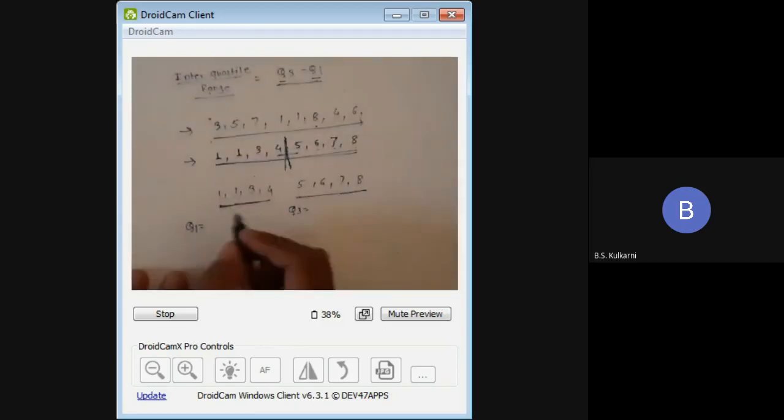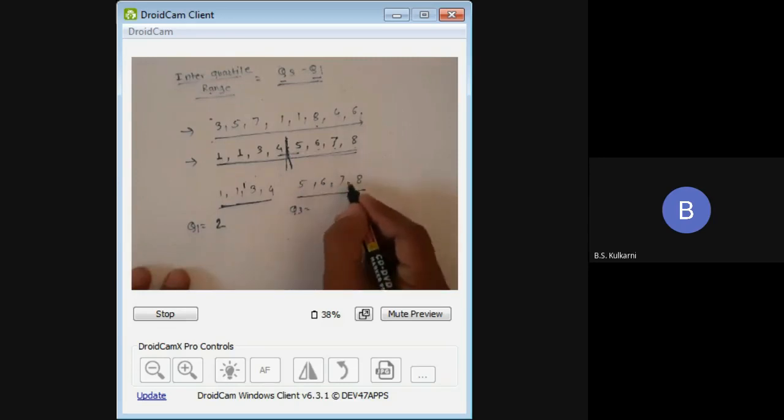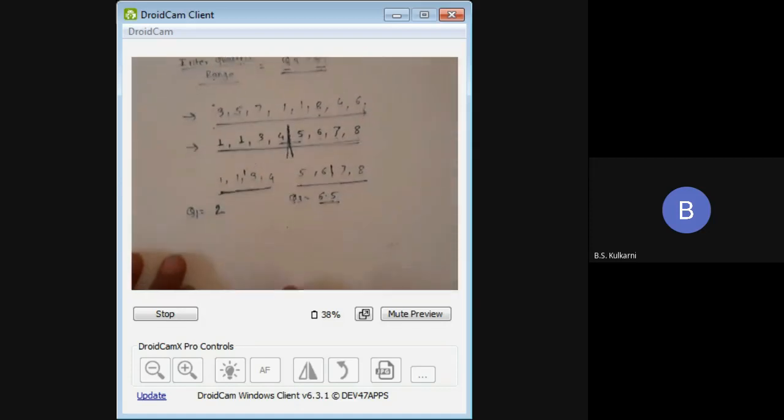For the first, the median is in between 1 and 3, that is 2. And in between 6 and 7 we have the second median, that is 6.5. Okay, so put the values into the formula.